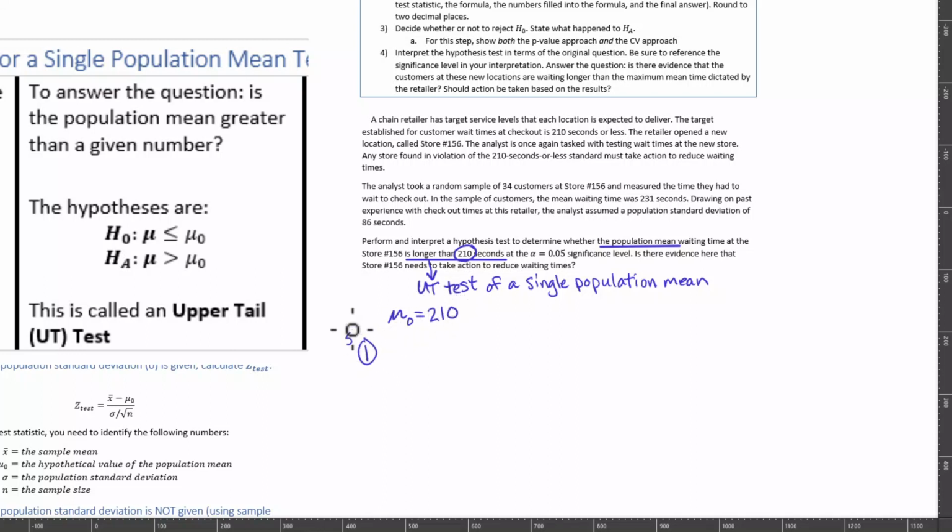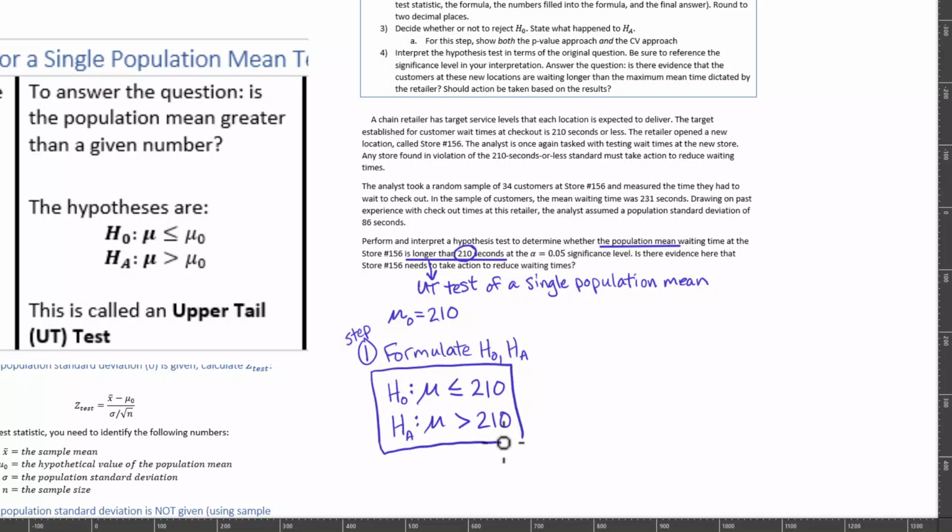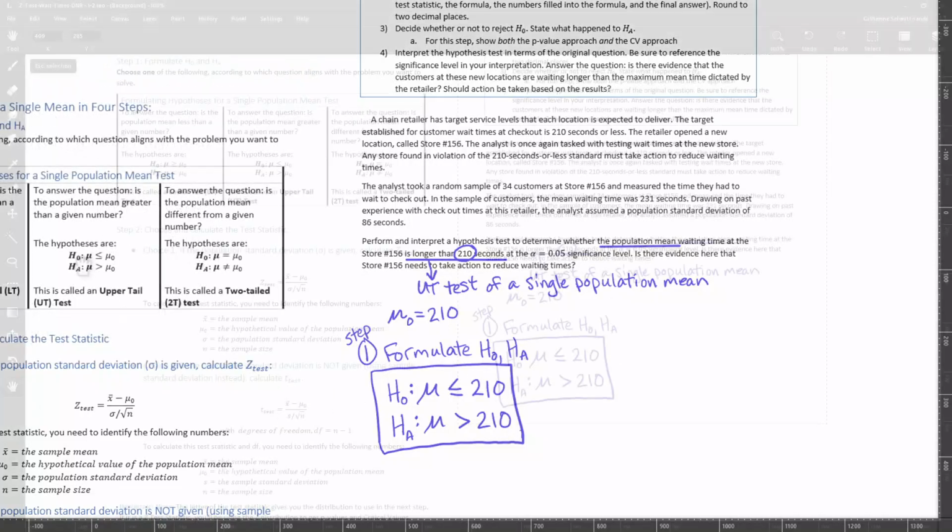So writing the hypotheses according to the formulas here, HO, the null hypothesis, is mu is less than or equal to 210, substituting in 210 for mu0, and HA is mu is greater than 210. If we can reject the null and prove HA, that's when we will know this store has lines that are too long.